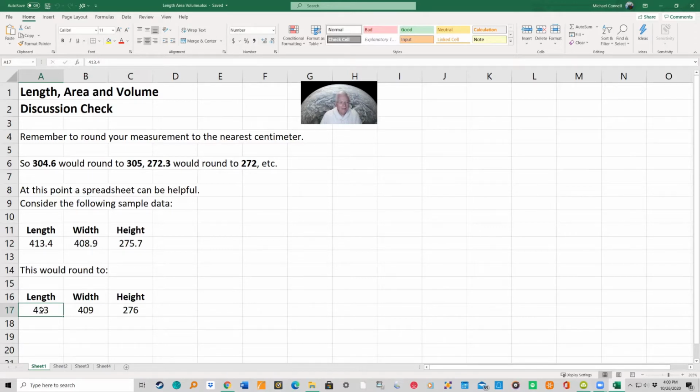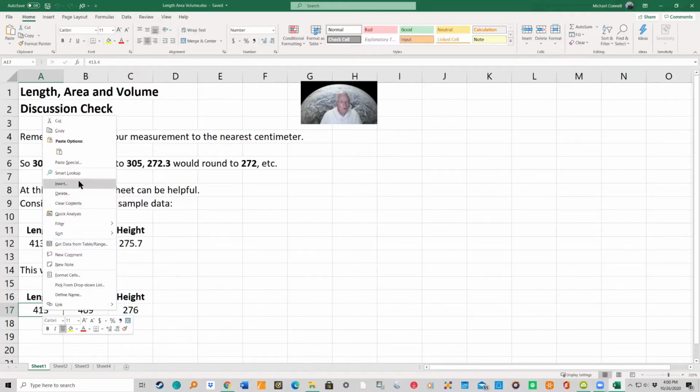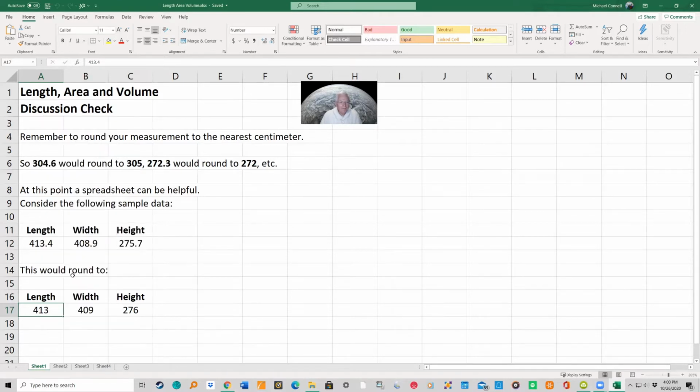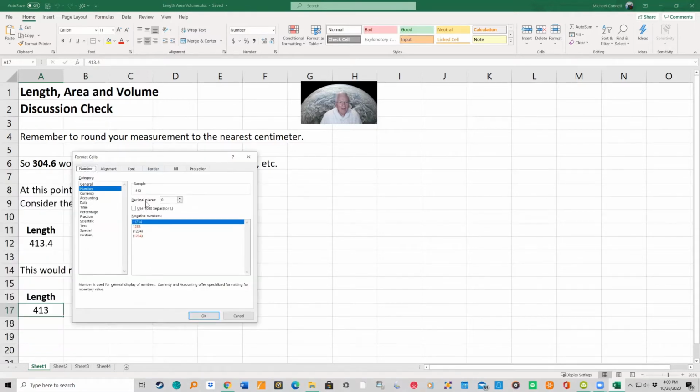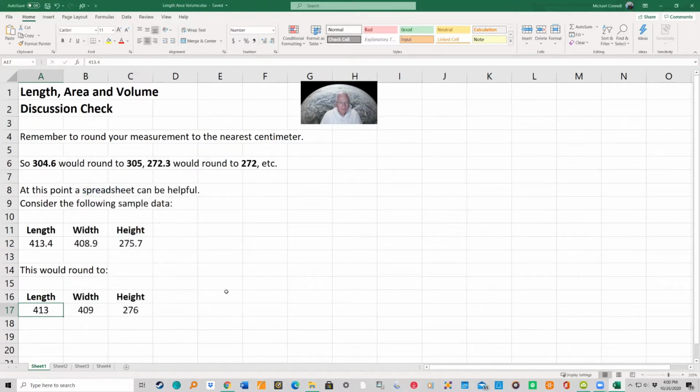Well, if we right click, we can go up to number under format cells. So we're going to format that cell. We're going to change what the number looks like. We change the number so that it has 0 decimal places. When that's done, that's the essence of rounding, and we have rounded these numbers now to the nearest whole centimeter.